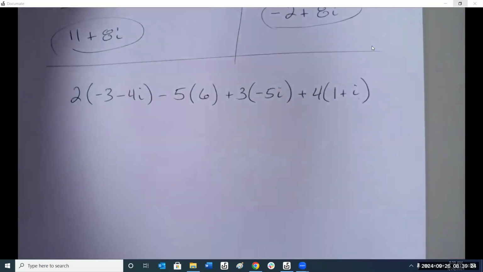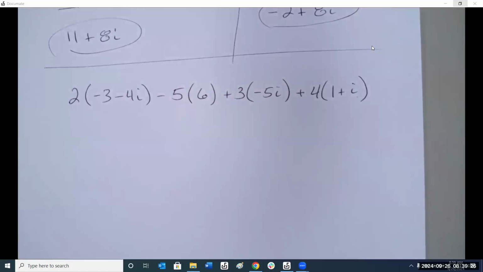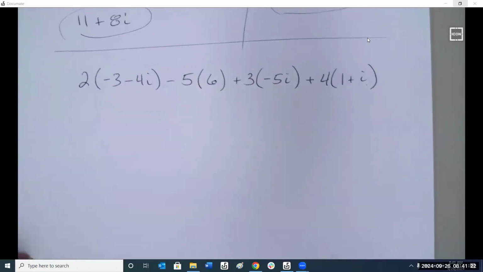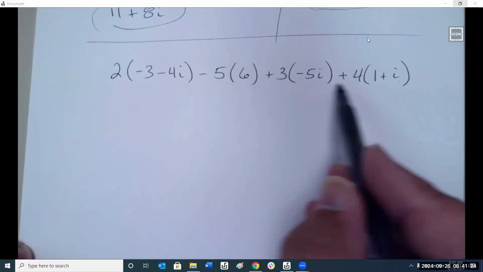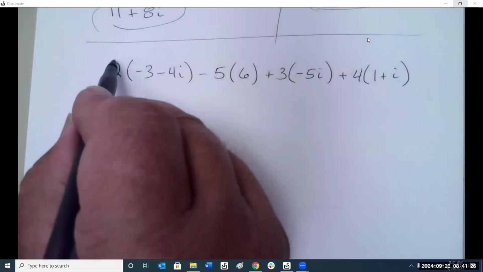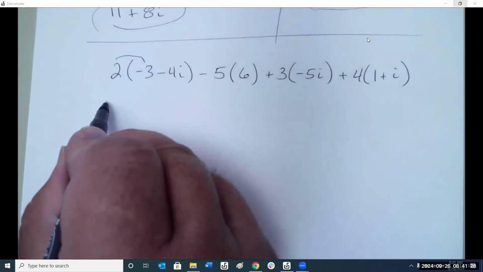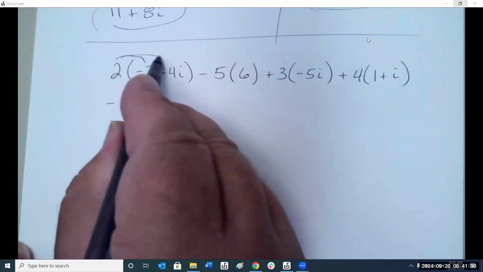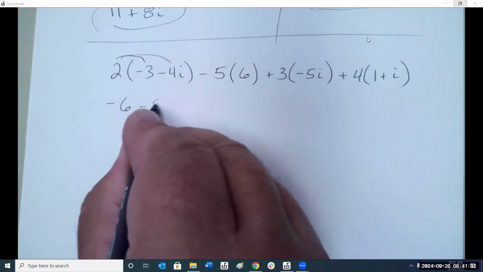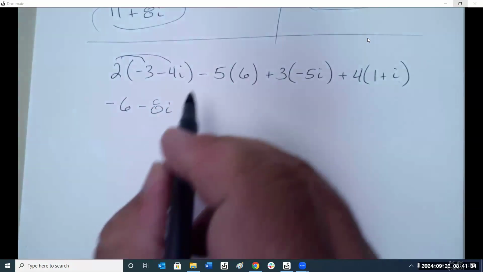Combine these. Let me put a pause. Order of operations. We can't do anything inside the parentheses, so we have to get rid of them. 2 times negative 3 is negative 6. 2 times negative 4 is negative 8i.